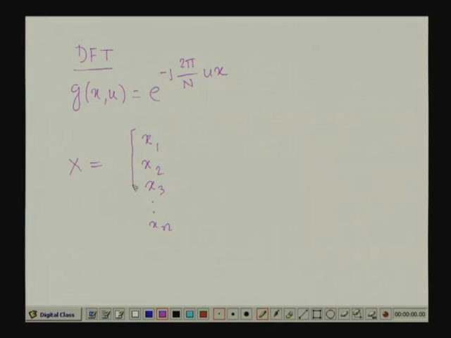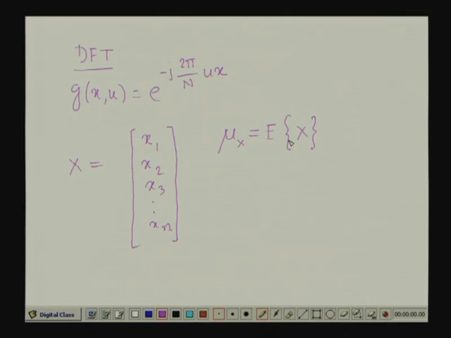These vectors x are vectors of dimension n. Now, given such a population of vectors x, we can find the mean vector mu x, which is nothing but the expectation value of this vector population x.